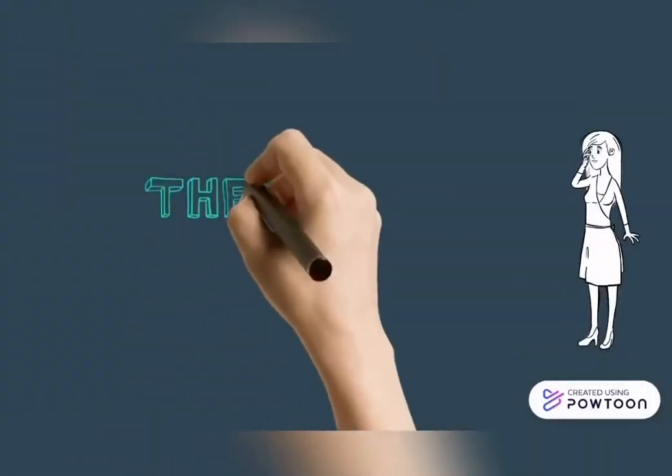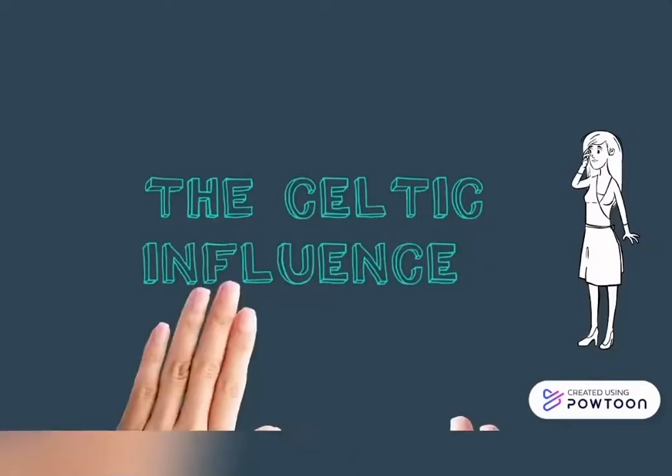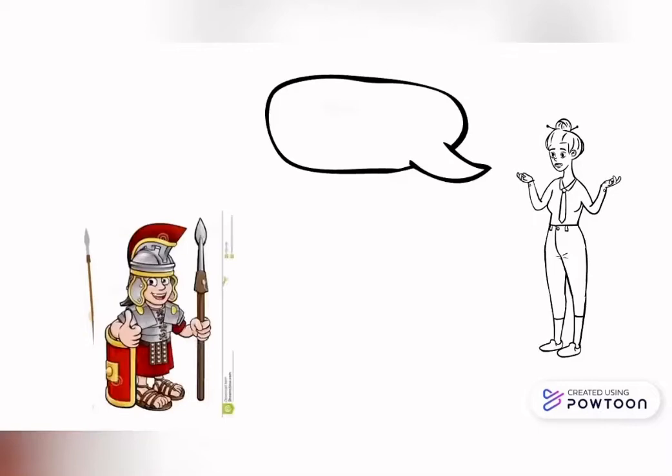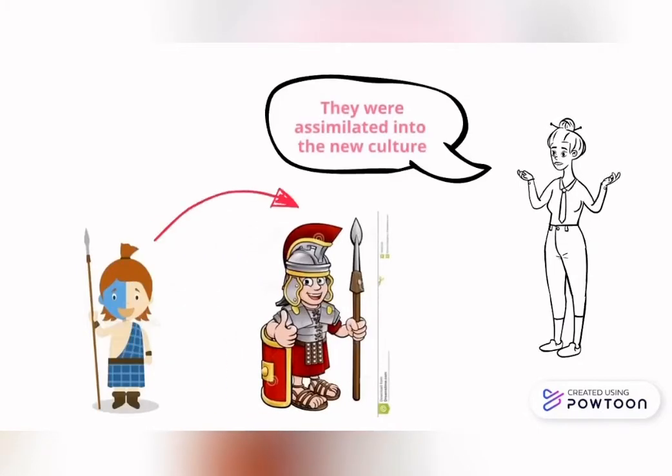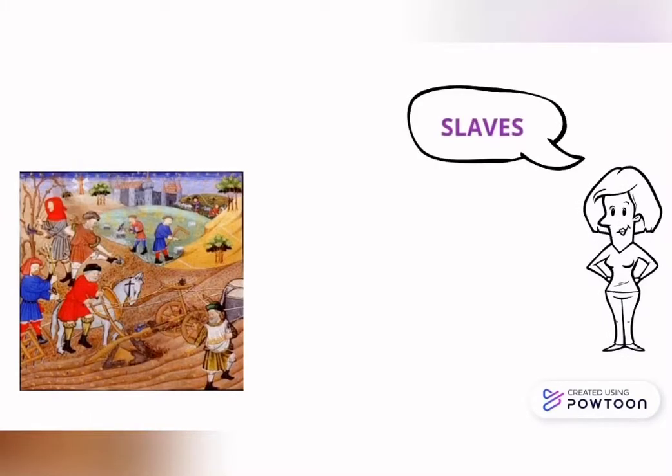The Celtic influence. Rather than being completely exterminated, a large number of those Celtic peoples were gradually assimilated into the new culture. Some of them were held as slaves by the conquerors.